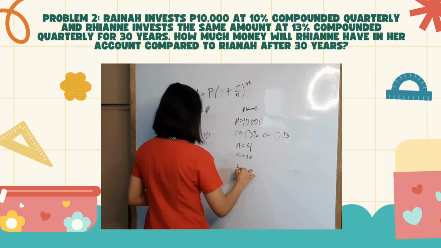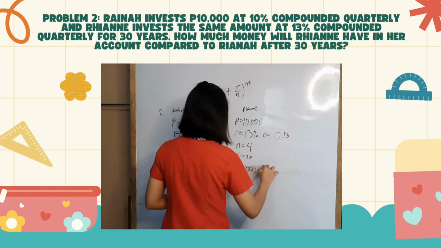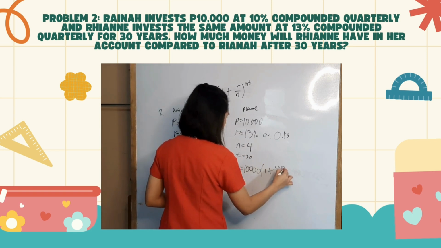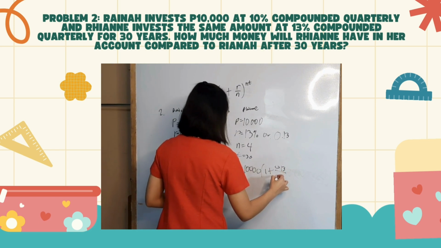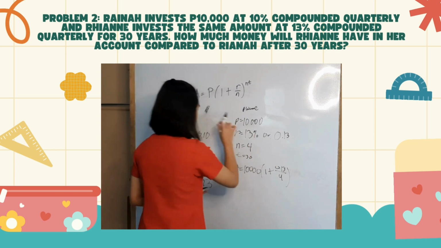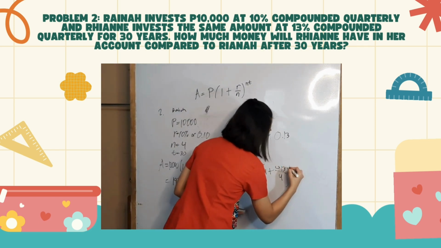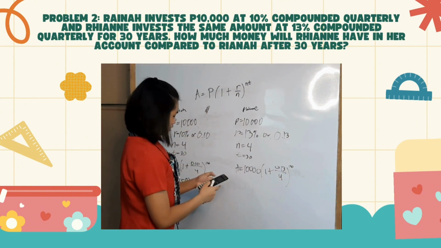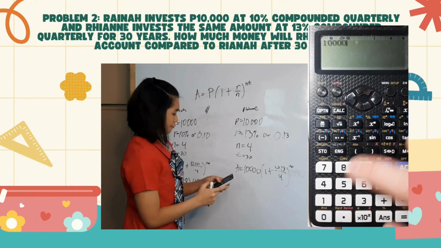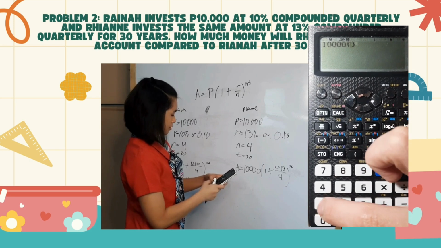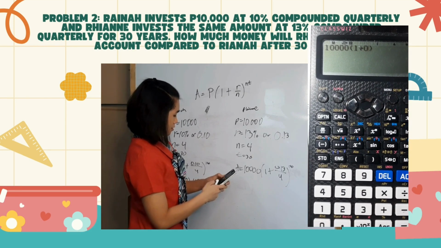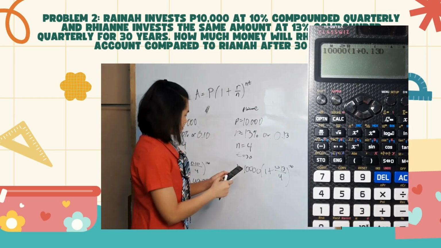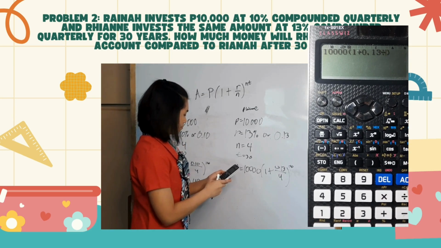Now let's solve for Rian. Plugging in the values, we have 10,000 times 1 plus R, that's 0.13 over N, which is 4, raised to NT, which is still 120. So now let's use our calculator. Open and close, first 1 plus 0.13 divided by 4, raising that to 120. Equals, then multiply by 10,000.